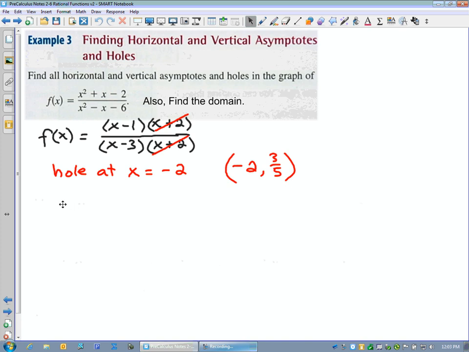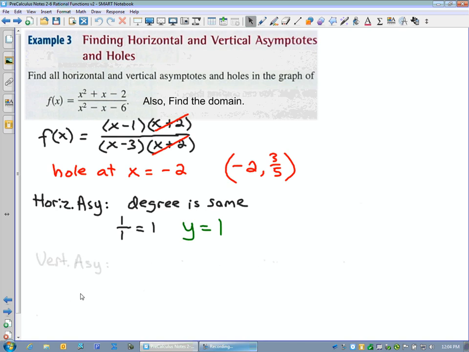Now for a horizontal asymptote, again, we're comparing the degrees, and since the degree is the same, then we're going to compare the ratios of the leading coefficients, which would be 1 over 1, which is 1. Therefore, y equals 1 is our horizontal asymptote.